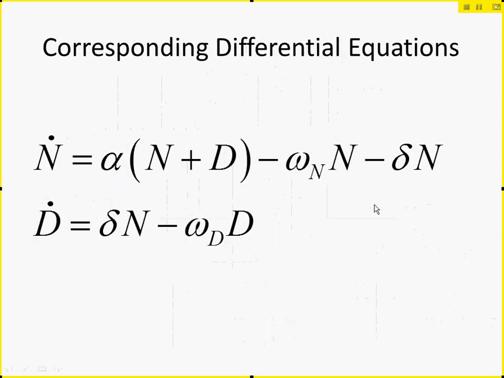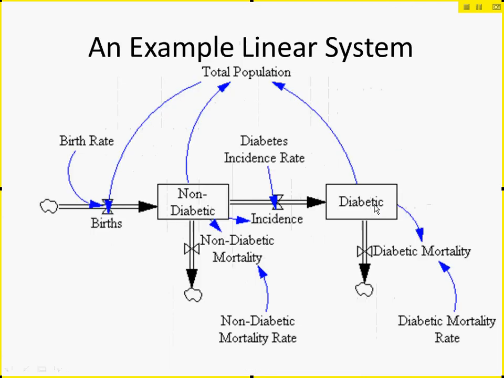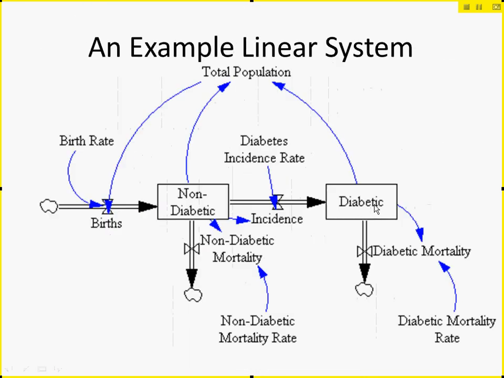Suppose I'm interested in a situation where we have initially 1,000 people in the non-diabetic stock and 1,000 people in the diabetic stock, and I want to see how the system responds. I want to run a scenario, 1,000 people diabetic, 1,000 people non-diabetic, and I want to see what the resulting output is.